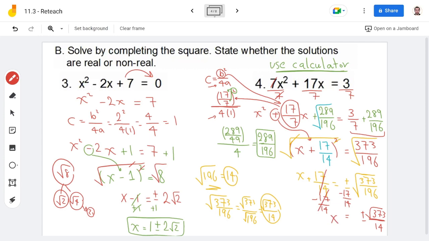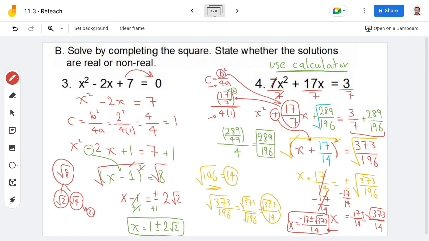So x is equal to negative 17 over 14. Do I have a common denominator? Yes, I have a common denominator. So now let me write it here. x is equal to negative 17 positive negative square root of 373 over 14. So this is the final answer. I hope you understand this one.